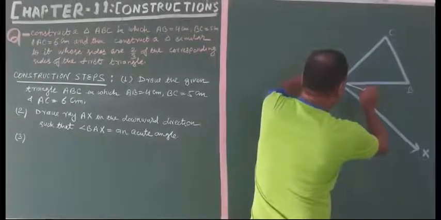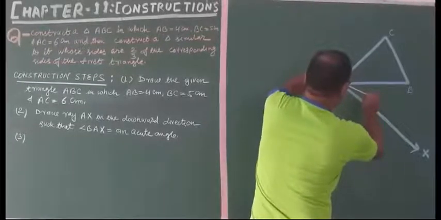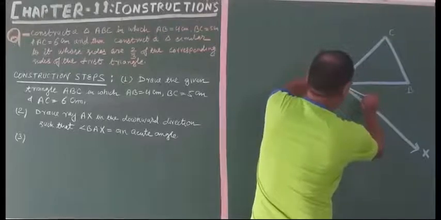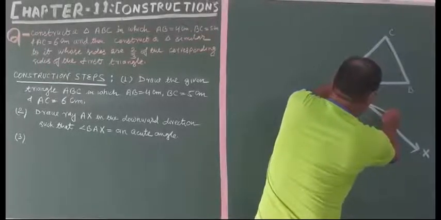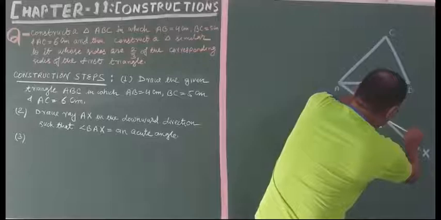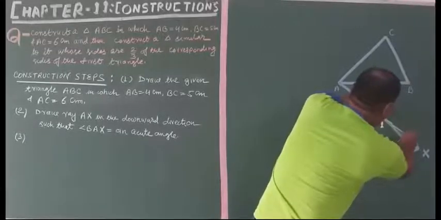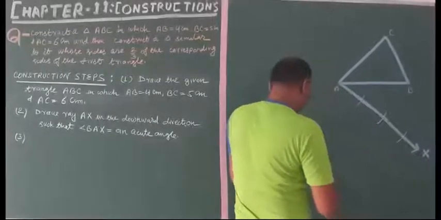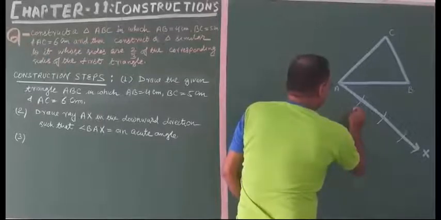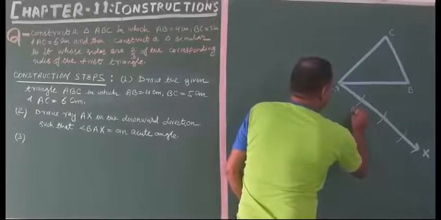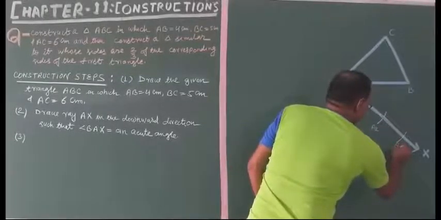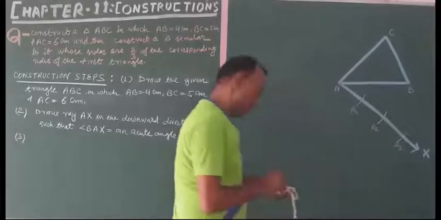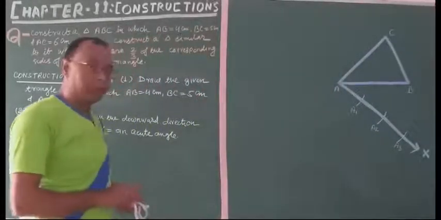We will put here with the suitable radius, and then we will put here and then we will put here. So we have divided this into A1, A2, and this is point A3. In this way, we will divide this ray AX into 3 equal parts.